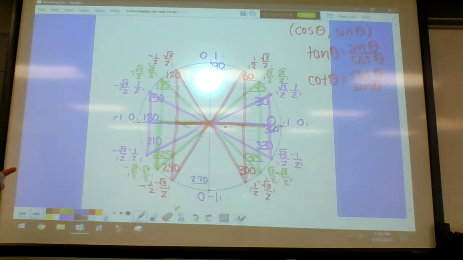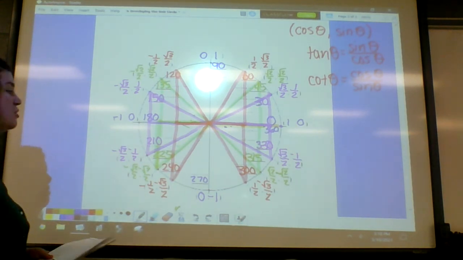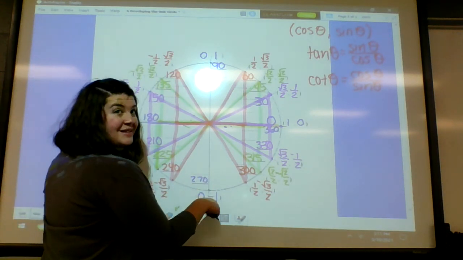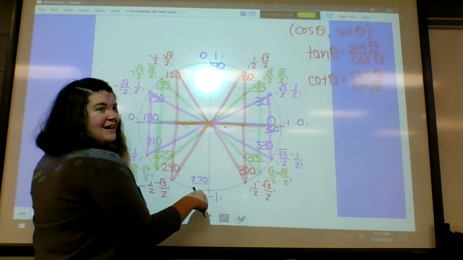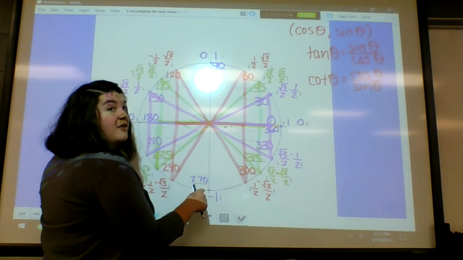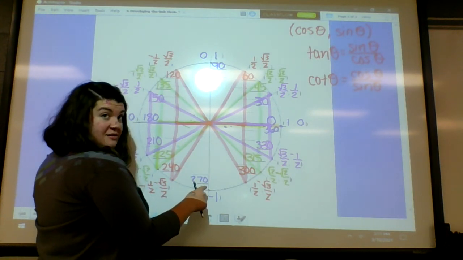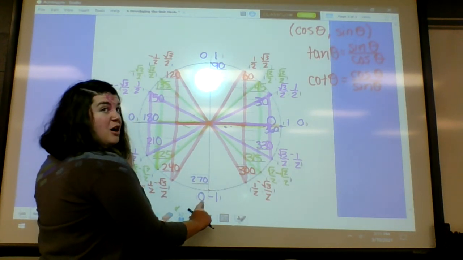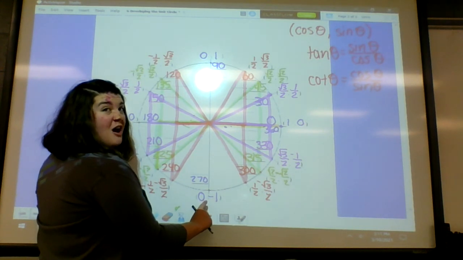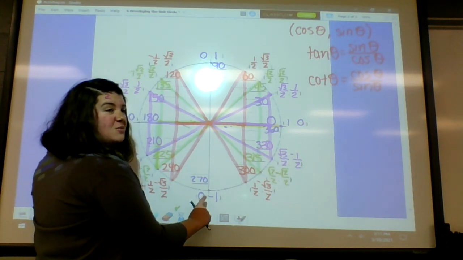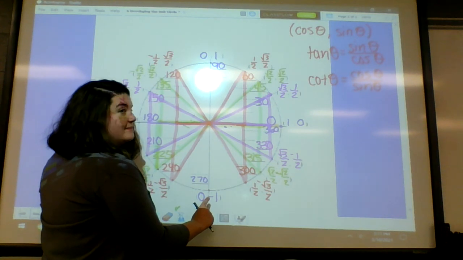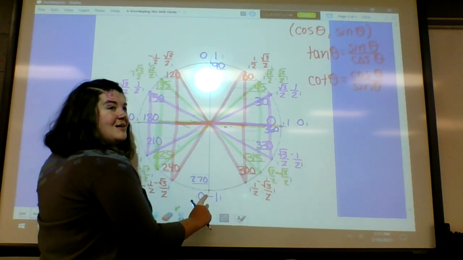All right, let's talk about the next one. Secant of 270. 270 is this guy. He's kind of unique, isn't he? Yeah, and so secant is 1 over the cosine, and cosine is 0. So the secant is 1 over 0. What's 1 over 0?